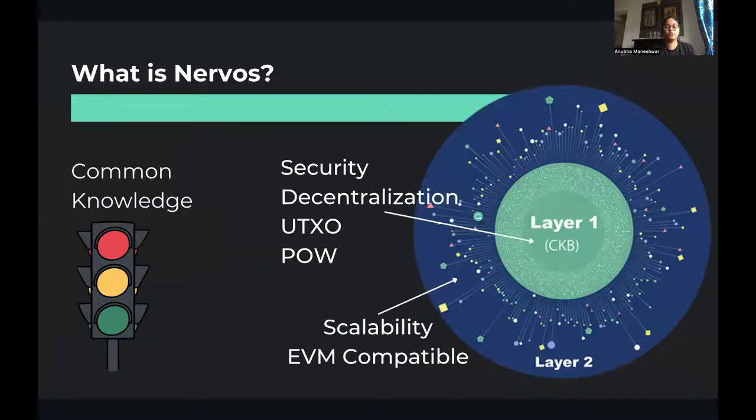So first of all, I would want to talk about common knowledge and CKB. CKB is the token of Nervos. But before that, I want to talk about common knowledge. Common knowledge is basically knowledge which is understood by everybody in the community. So for example, I have given here a traffic light.